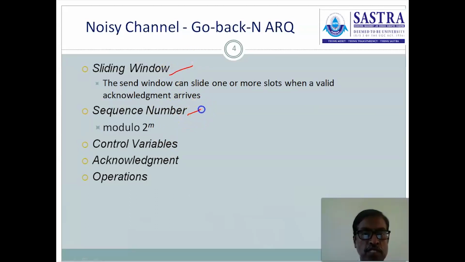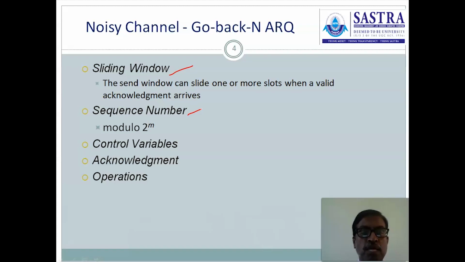Next we are going to discuss sequence numbers in Go Back N ARQ. I always compare this method with stop and wait ARQ, because only then are you able to understand the concept clearly. So for the sequence number, I go to the previous method, stop and wait ARQ. There we send only one frame at most, so the sequence numbers are 0 and 1.